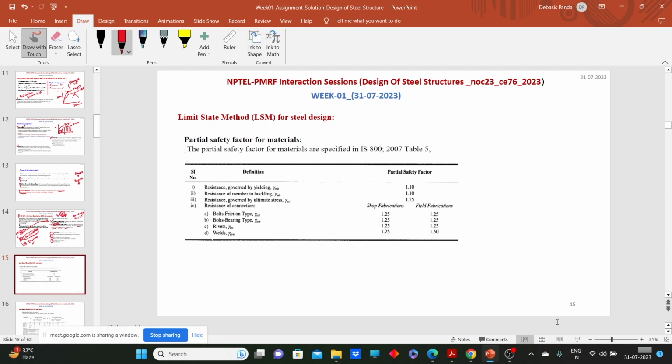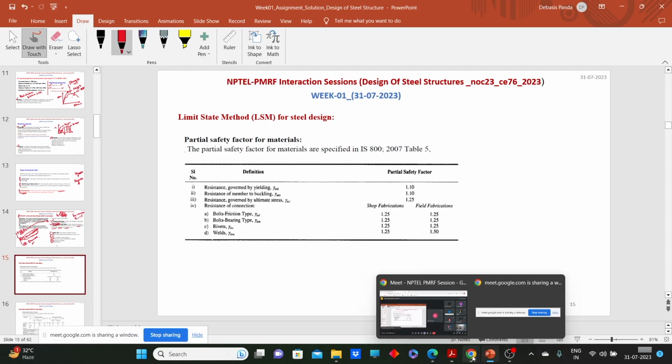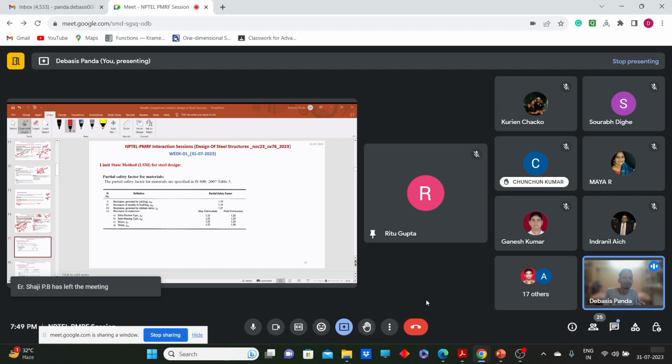Obviously, there is a partial factor of safety. Now, I always wondered where these magic numbers come from, like factor of safety 1.5 for the material or 1.5 for the loads. From where do our codes get that information? This information actually comes from the reliability analysis, where capacity and demand come into play along with the randomness of the loads.